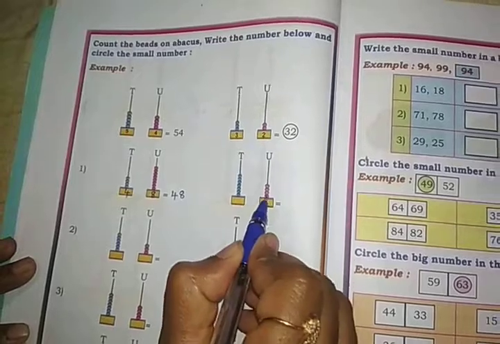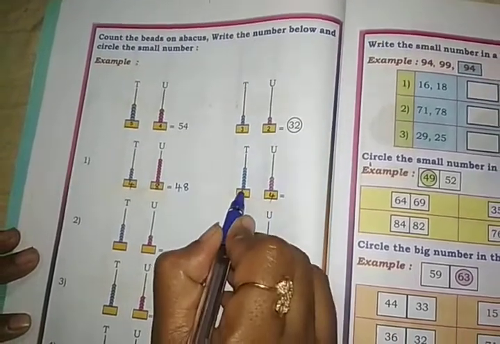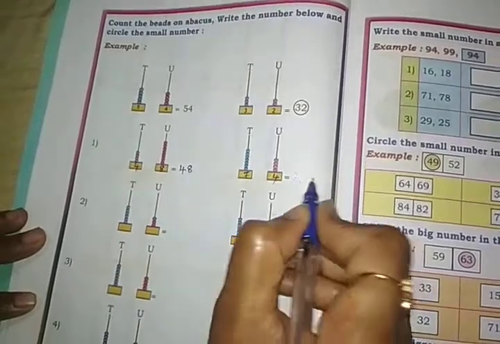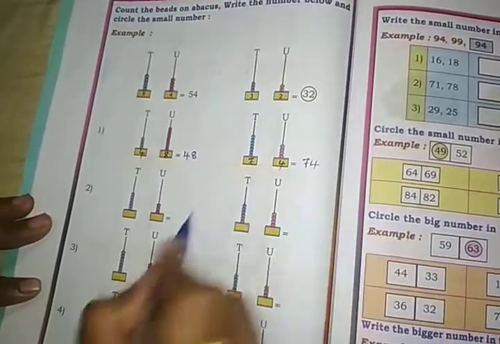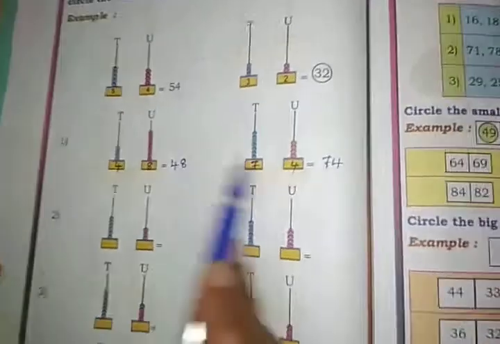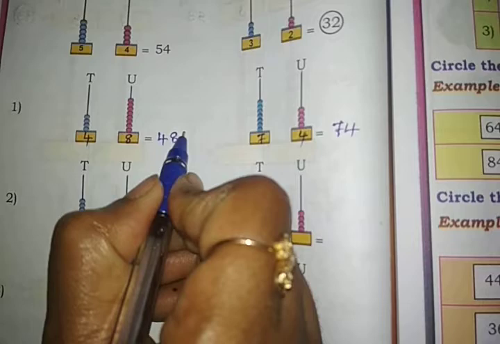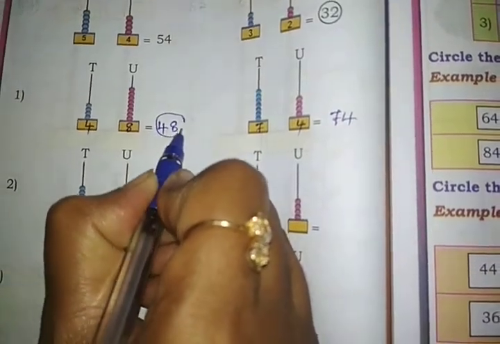Here you count. 1, 2, 3, 4. 1, 2, 3, 4, 5, 6, 7. 74. Now tell me in these two, 48, 74, which is smaller? 48 is smaller. So do these 3 as it is.